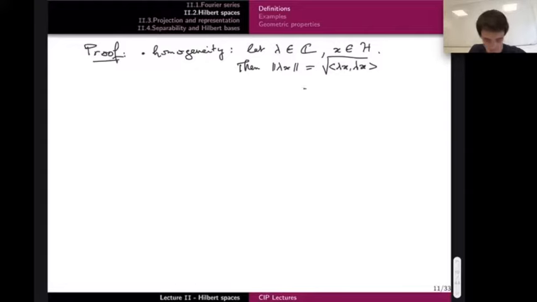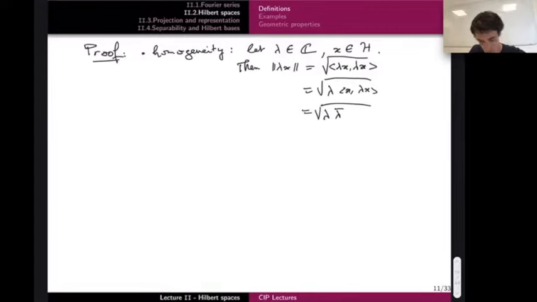So I will use the linearity. This gives me the square root of lambda times x against lambda x. Then use the Hermitian property, which tells me that this is equal to the square root of lambda times, and then use again the linearity.